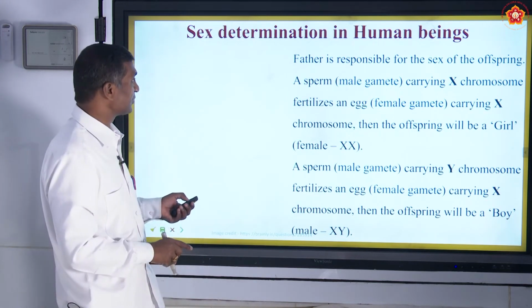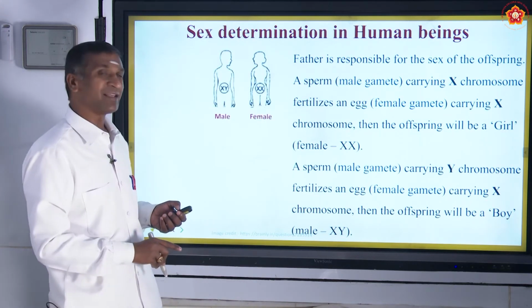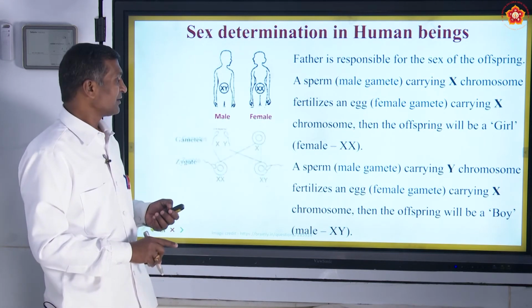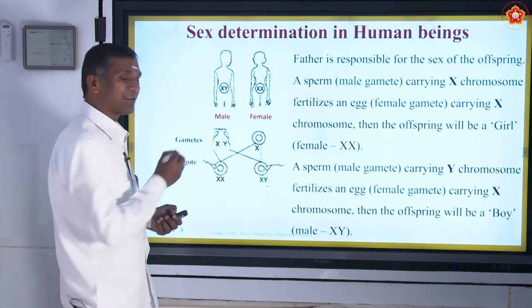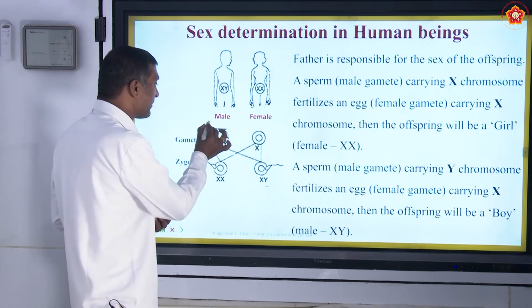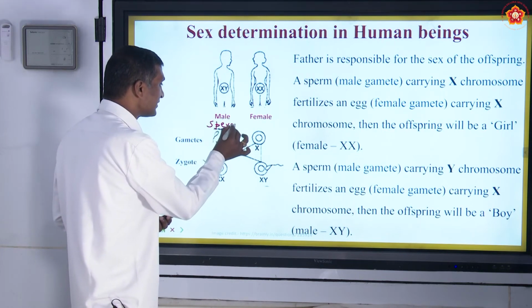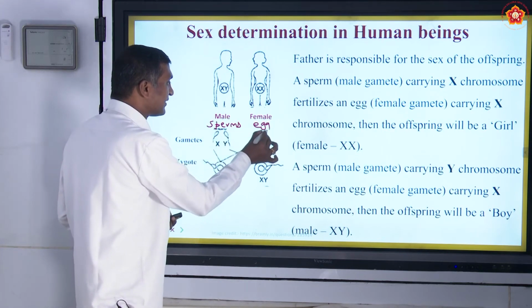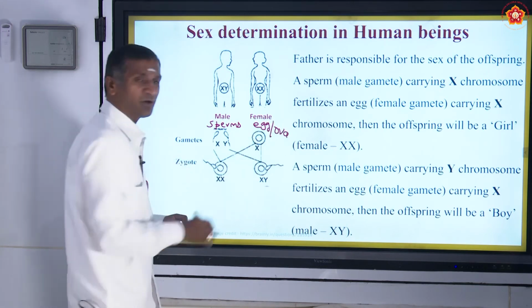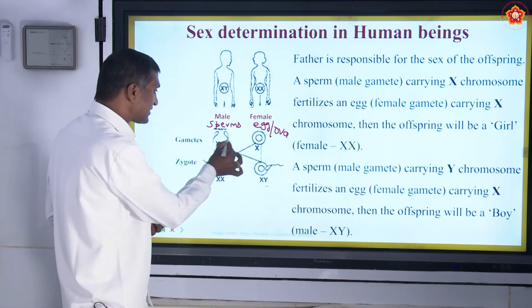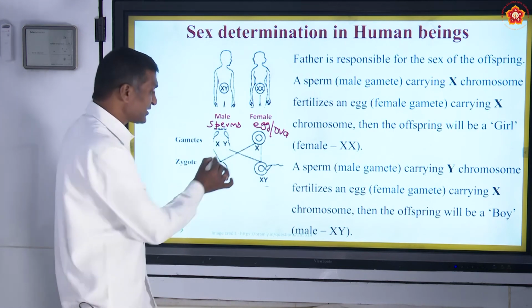Now let us observe once. See, male and female, they produce X or Y chromosomes. Male produces sperms and female produces egg or ova, we can call them. Here only X will be produced.